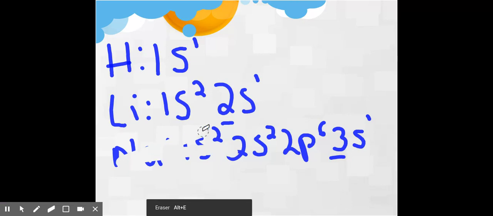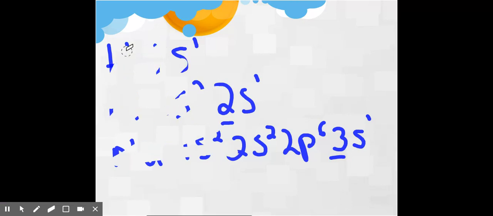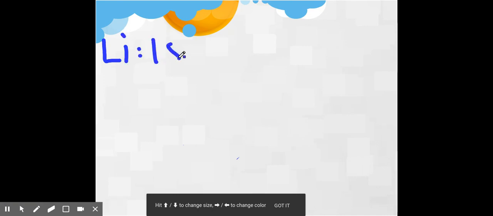Now, as we go across a period, we are going to be adding electrons to the same energy level as we go across that period. So lithium would be 1s2, 2s1.